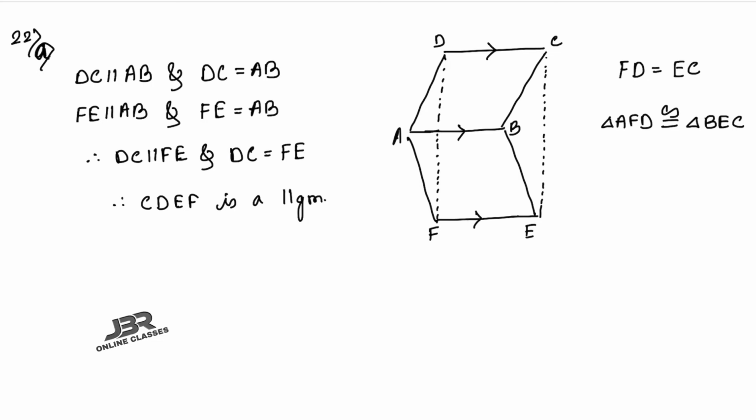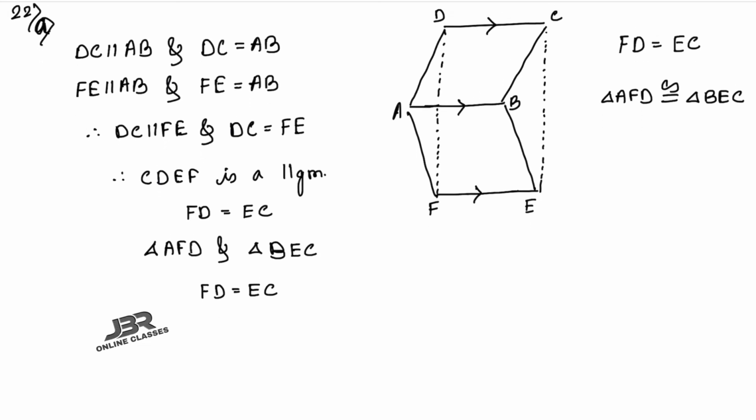Now the next part. So as here CDEF is a parallelogram, then definitely here FD is equal to EC, because opposite sides of a parallelogram are equal. That is the second part. Now the third part. From the triangle AFD and the triangle BEC, first condition here FD is equal to EC.